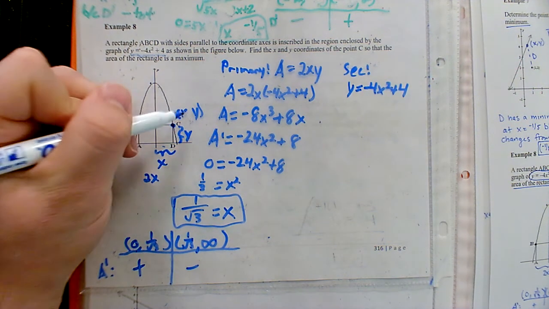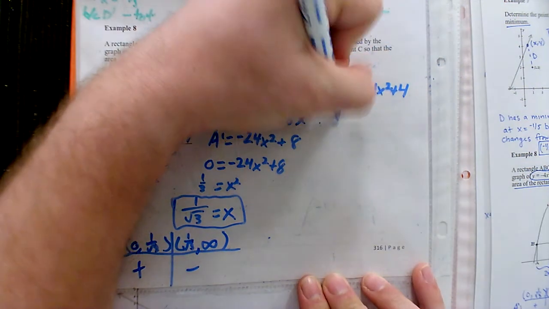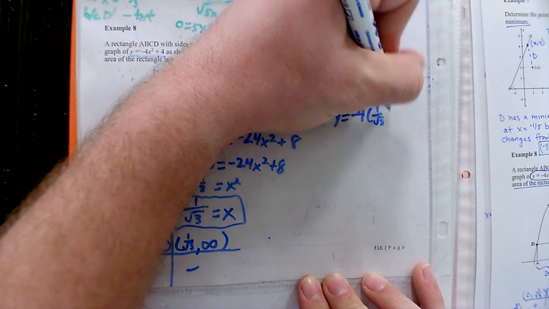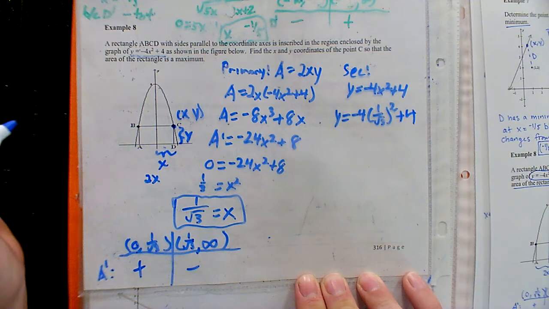So we found the x. Now we need to find our y value. So we have a y equation. We can go ahead and plug it back in. Y equals negative 4 times 1 over the square root of 3, and that quantity is squared, plus 4.